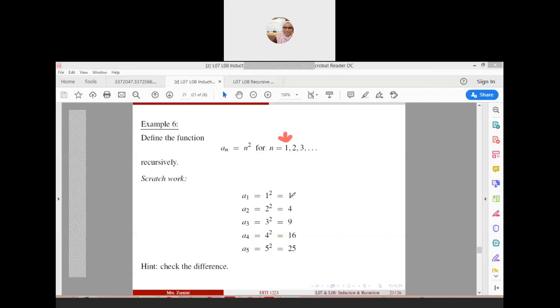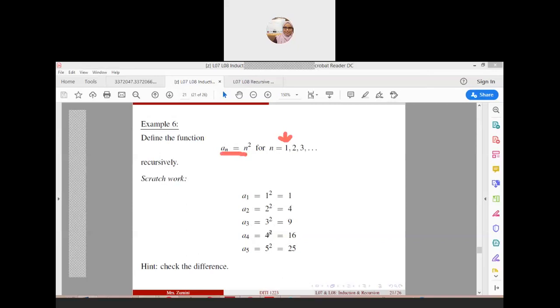And we get 1. For a2, our n now is 2. a2 is equal to 2 power of 2, which is 4. Then a3, just replace it with this value. So a3 is equal to 3 power of 2, which is 9.